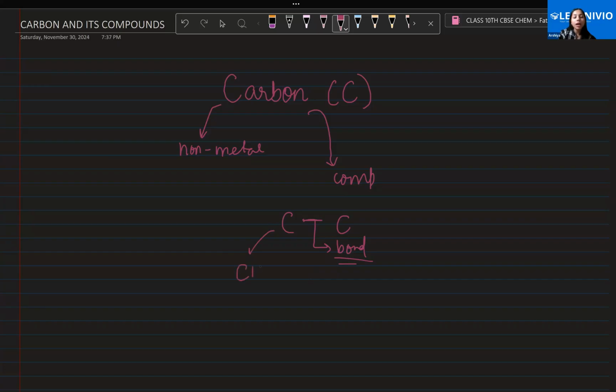When hydrogen and carbon join, there are a whole lot of compounds. There's a whole subject in chemistry, organic chemistry, in which you'll study carbon and hydrogen joining together, forming new compounds. Hydrogen is the best example. These bonds are also of different types that you'll study in upcoming chapters.